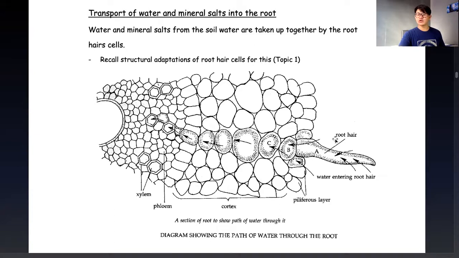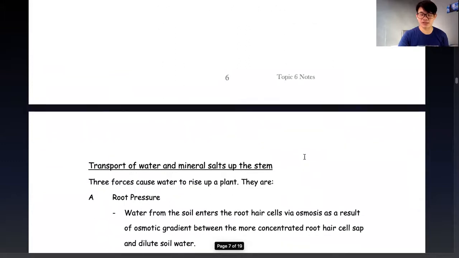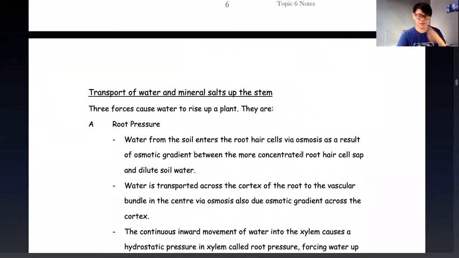So the water molecules will enter into A. Then from A, the same thing happens. There is a difference between A and B, and then the water molecules will go into B and then go to C, so on and so forth until they actually reach the xylem vessel here. Okay, so that is the pathway of water through the root. How do they get eventually into the xylem of the roots?